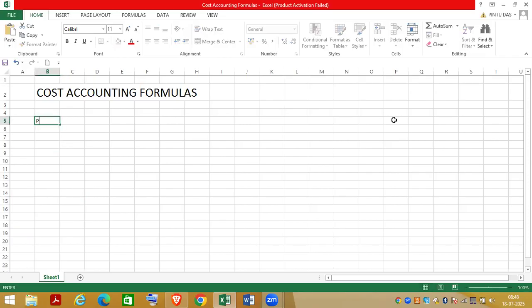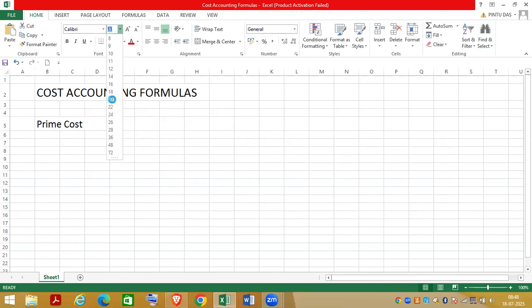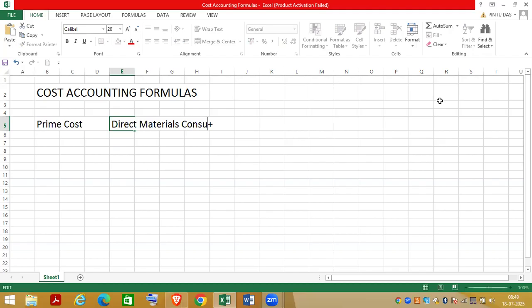First is the prime cost. What is a prime cost? Prime cost is a combination of direct materials consumed plus direct labor.